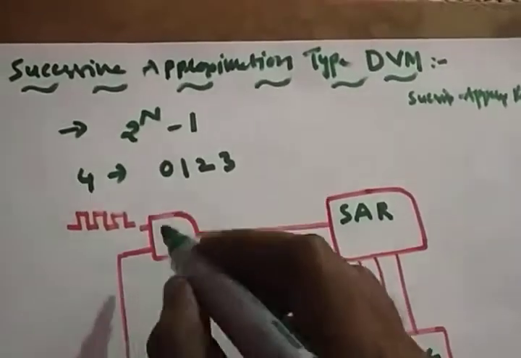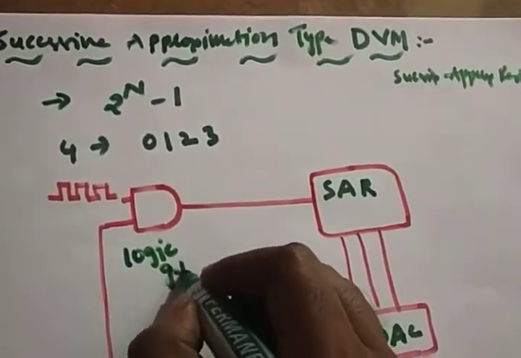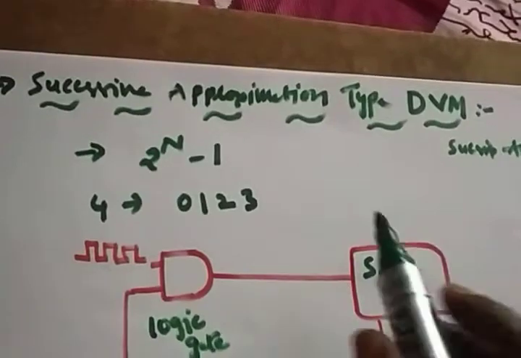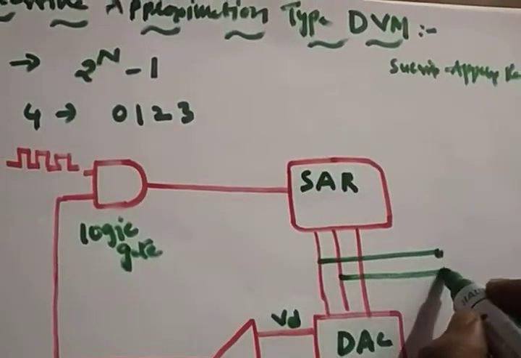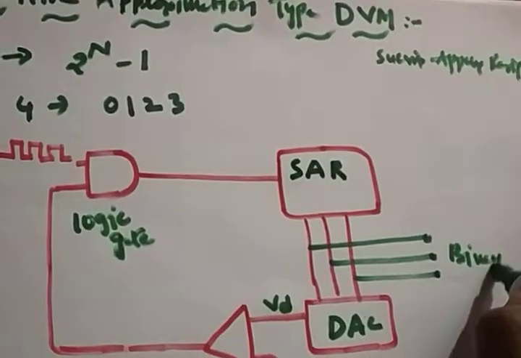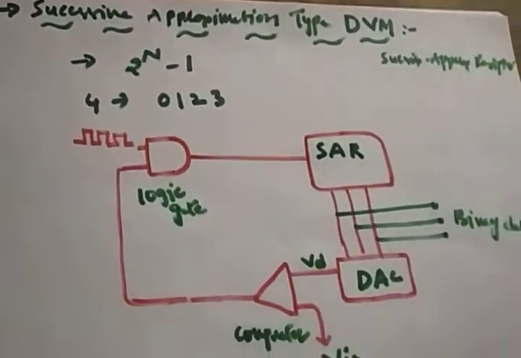This is a logic gate, not the AND gate. And this is the binary data. Simple, nothing is there.